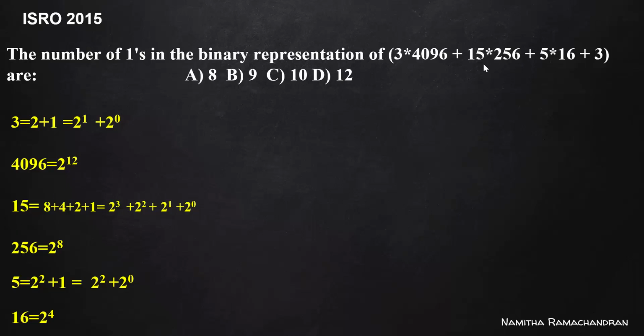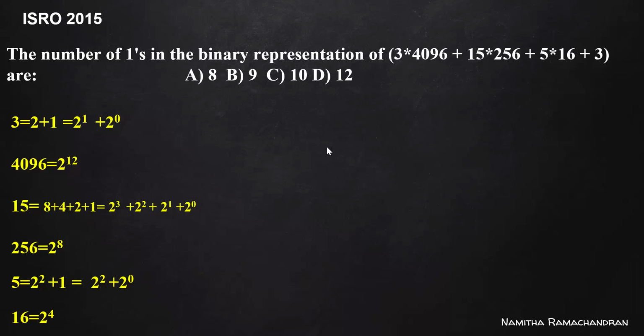Then 15 can be represented as 8 plus 4 plus 2 plus 1, which is 2 to the power 3 plus 2 square plus 2 to the power 1 plus 2 to the power 0. Next is 256. It can be represented as 2 to the power 8. This 5, that is 4 plus 1, that is 2 square plus 2 to the power 0. Next is 16, that is 2 to the power 4. Again 3. 3 is 2 plus 1, that is this.